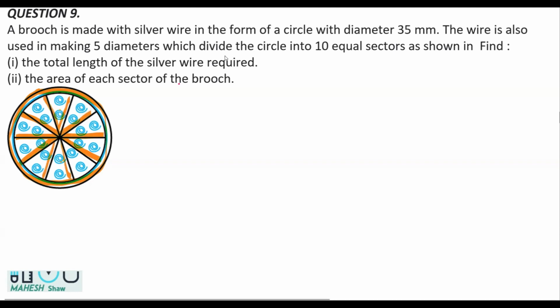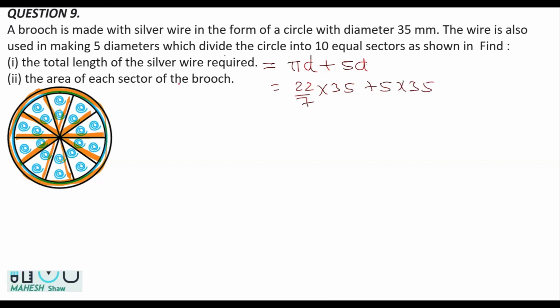So clearly, the required length will be the circumference, which is 2 pi r, and 2 pi r is the same as pi d, right? Plus there are 5 diameters, so 5 into d, or 5d you can straight away write. Now we can plug in the value of pi, which is 22/7, diameter 35, plus 5 times 35.